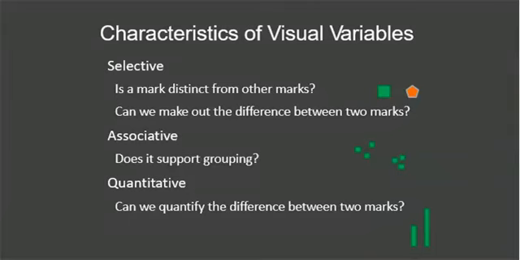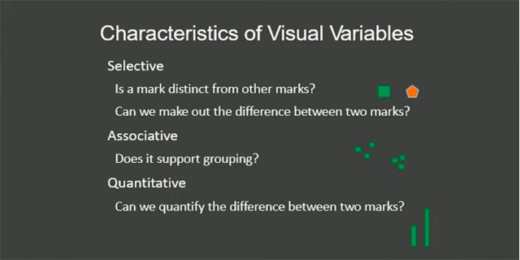When we talk about the characteristics or attributes of these visual variables, if we have two different marks, we can tell how they are distinct from each other. This is the selective technique of the visual variable. If we have two distinct marks, like one square and one polygon, we can know what the difference is. Similarly, if we have a group of variables, we can check the associative property to see whether the grouping will work or not.